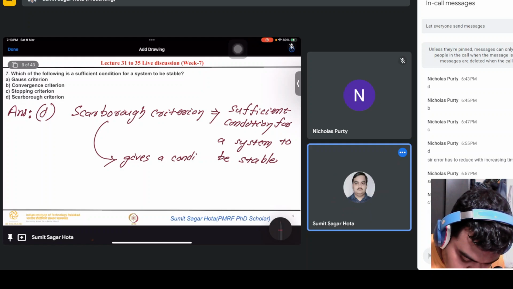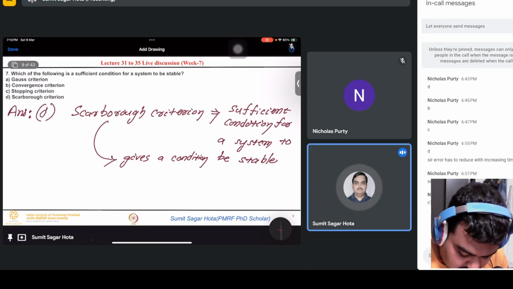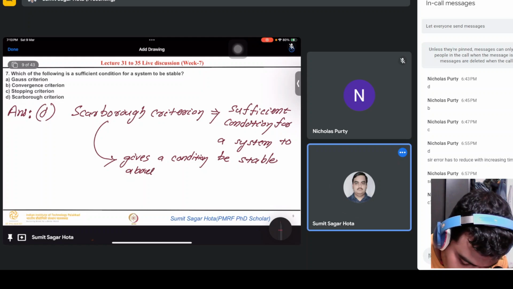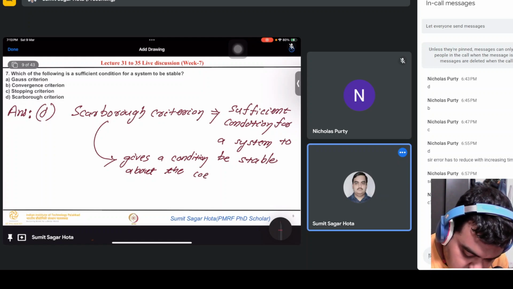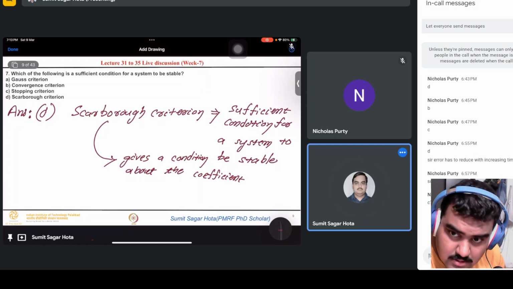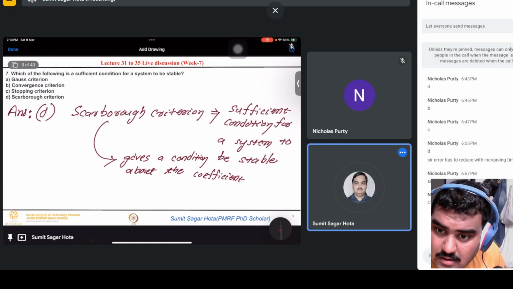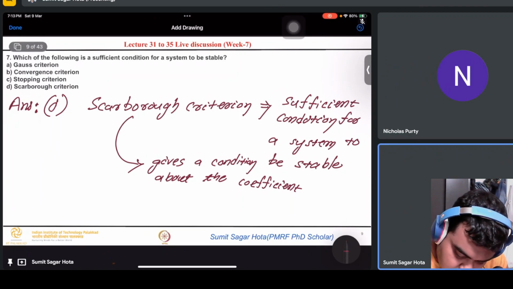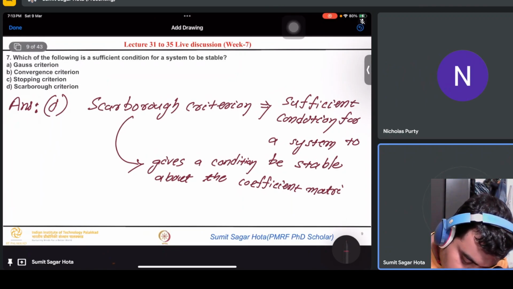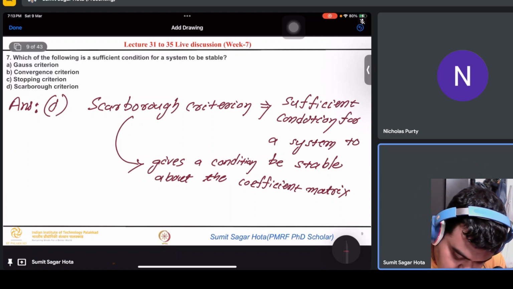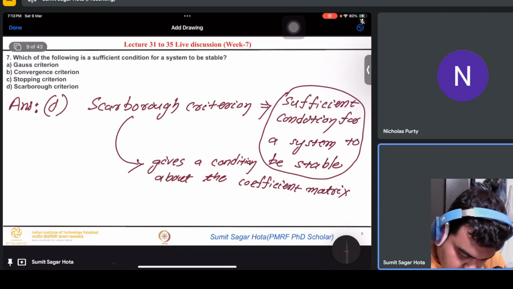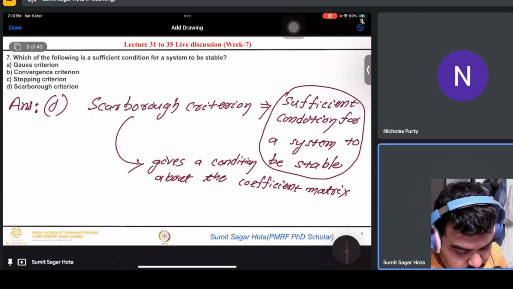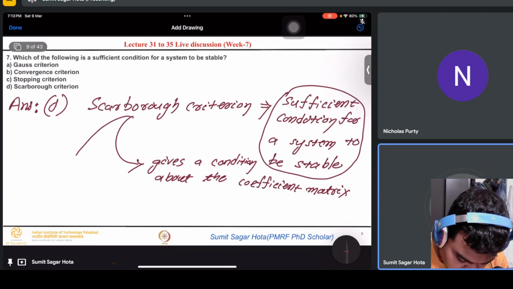It gives a condition on the coefficient matrix in the problem.